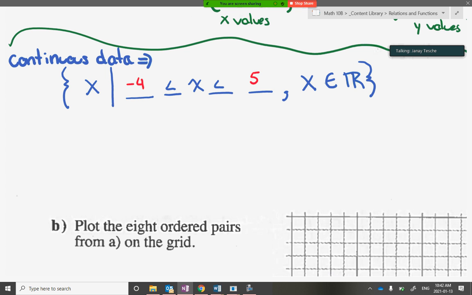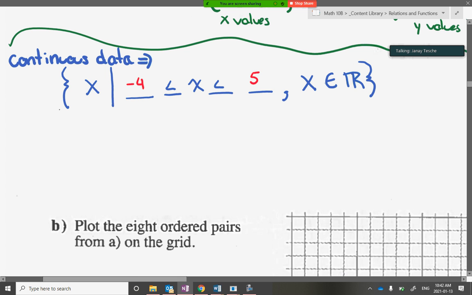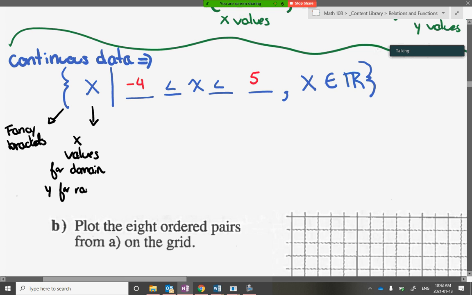So you start with your fancy brackets, or your parentheses. And then it's your x values for domain, or y values if you were doing range. This straight line means such that.